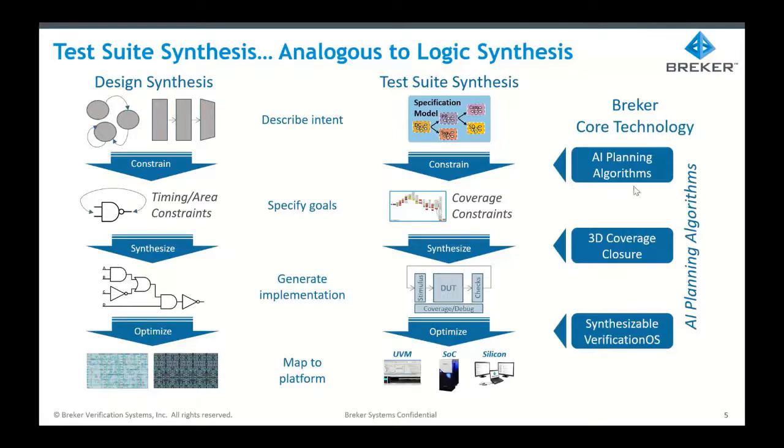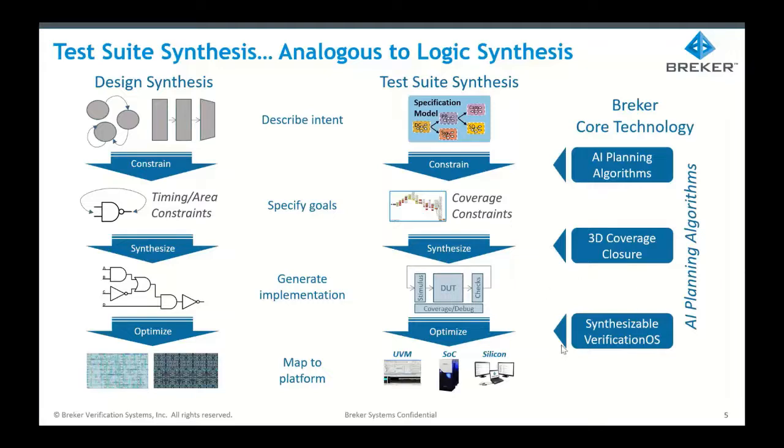Now, you're going to see some definitions here on the right. The AI planning algorithm is basically the way to generate smart stimulus, where you actually start from your goals and you work backwards to create the desired stimulus. The 3D coverage closure that we're talking about: because we are defining actions and events at a higher level, we can also define a higher-level coverage, and have certain scenarios be crossed together.